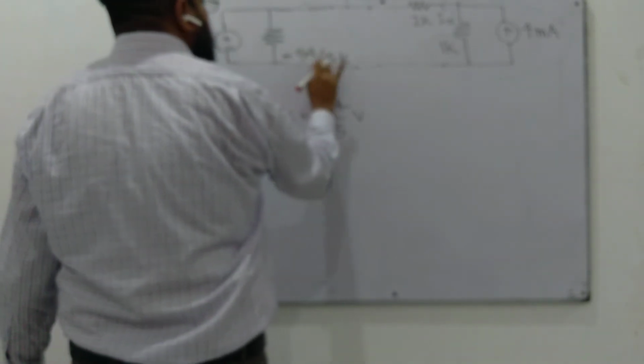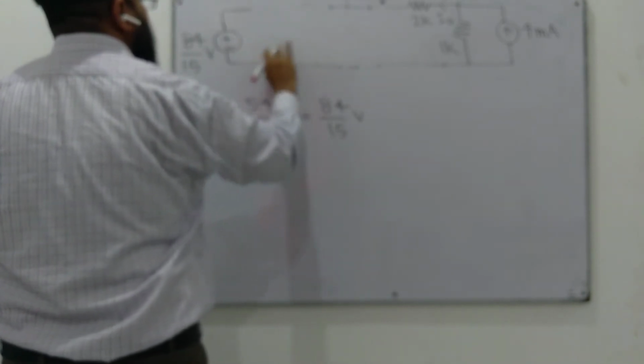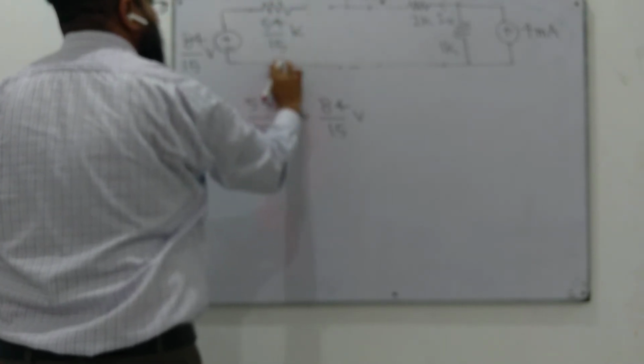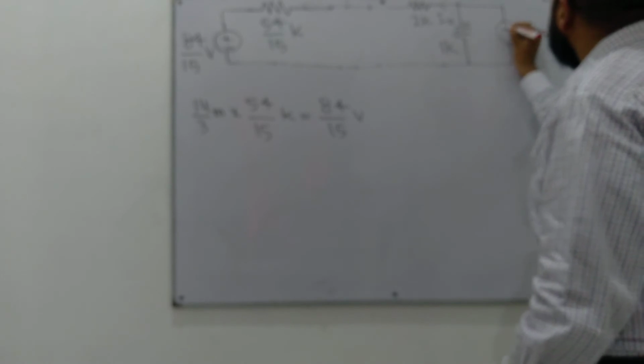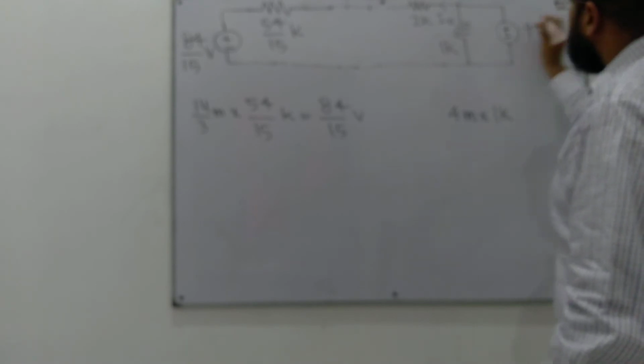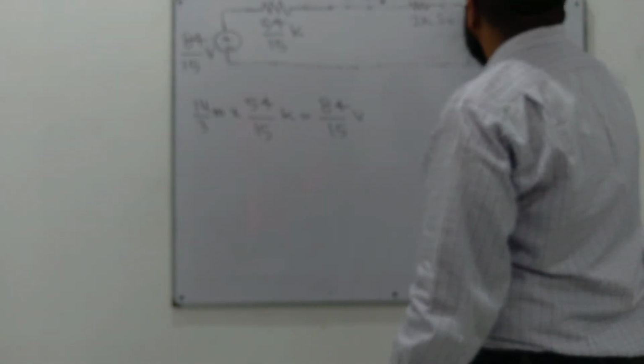The same 54 by 15K resistor now appears in series because this Norton equivalent is now replaced with a Thevenin's equivalent. And this 4 milliampere current source can be replaced with a voltage source of 4 milliampere times 1K, which is 4 volts, and the same 1K resistor appears in series.